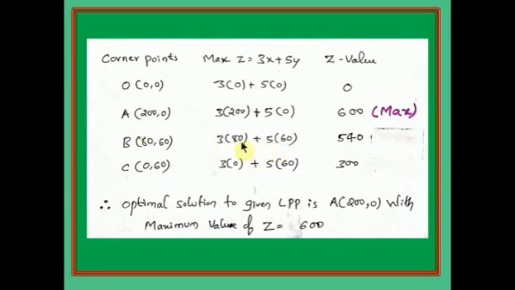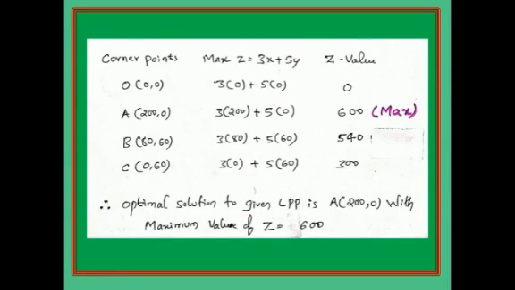This 300 plus this 240, so totally it will become 540. And then for C, 0, 60. x equal to 0, y is equal to 60, and 3 and 5 remain as in the equation. So this entire term goes to 0, and 5 multiplied by 60 is nothing but 300.